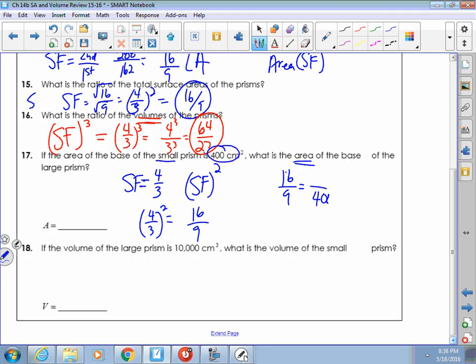That's the 9, so that's 400. We're trying to find the larger, that's the 16, so we put the x over 400. And then we cross multiply.